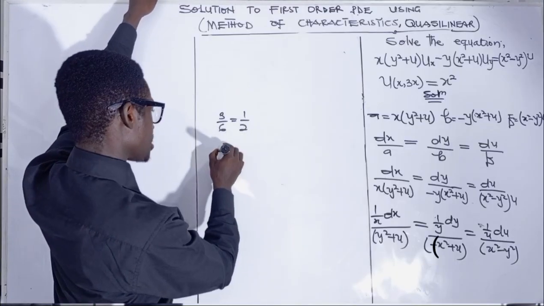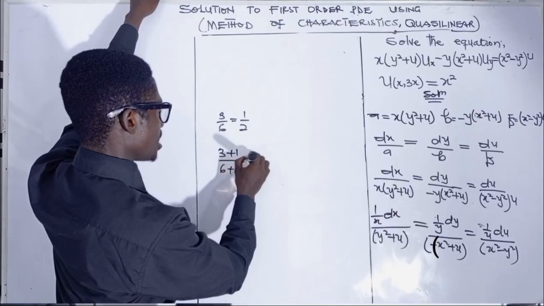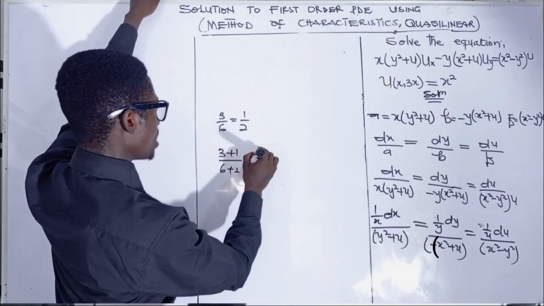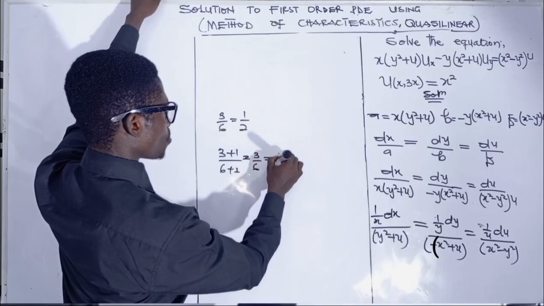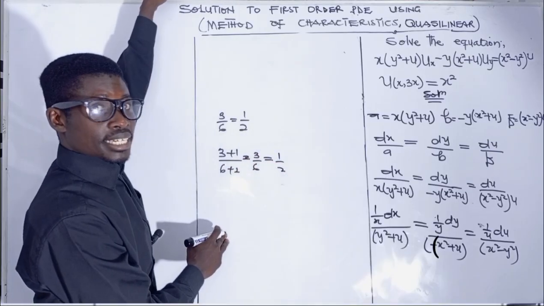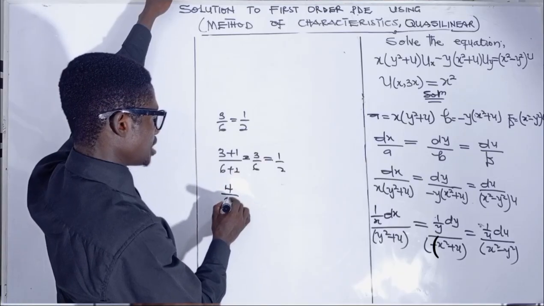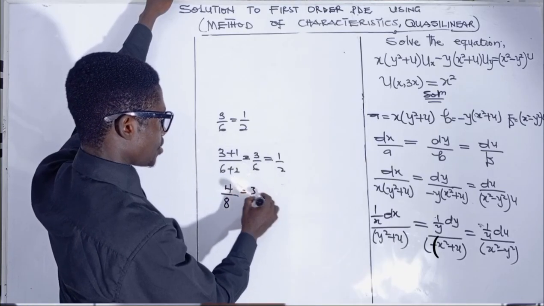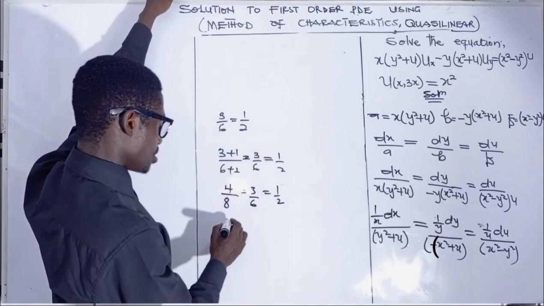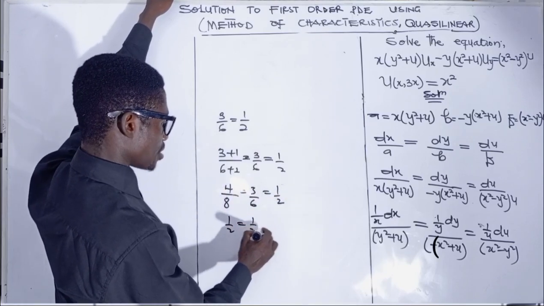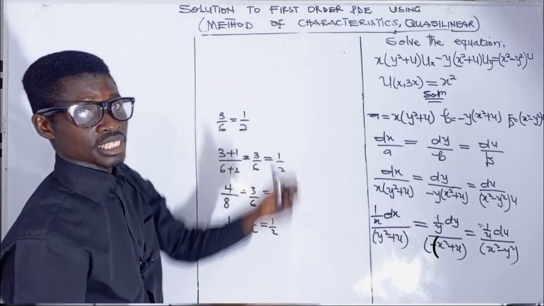So we can write this as 3 plus 1 all over 6 plus 2, and this is equal to any of the fractions, so 3 over 6, and this is also equal to 1 over 2. Let's check it out. When we add them, we are going to have 4 all over 8, which is equal to 3 all over 6, which is equal to 1 all over 2. Now when we break them down, we have 1 over 2, 1 over 2, 1 over 2. So if we subtract, we are going to get the same thing.